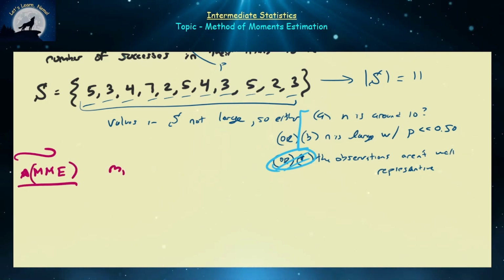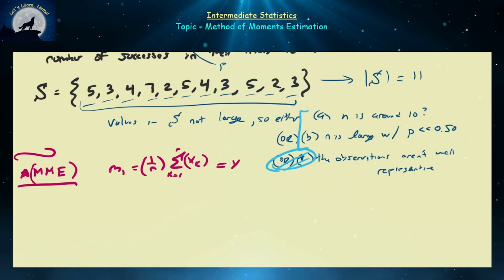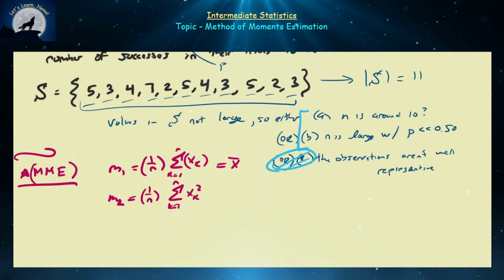So again, m1 is equal to 1 over n times the sum from k equals 1 to n of xk, which, keep in mind, is going to be equal to x bar. And m2 is going to be equal to 1 over n times the sum from k equals 1 to n of xk, the quantity squared, aka the sample second moment.